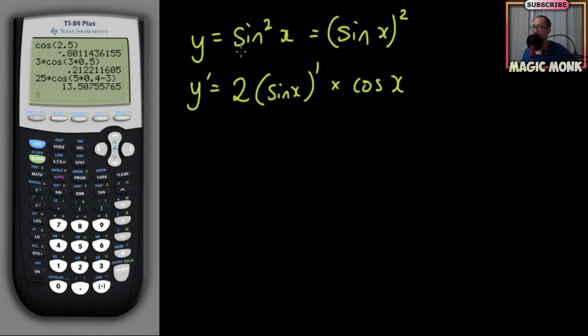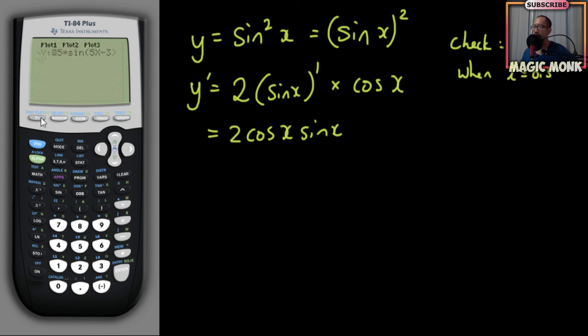So then what I'm going to do is do a little check again, but let me just write that down. So let's do a little check. When x equals 0.5, okay, so let's go y equals, let's put in our equation, which is sine x to the power of 2.